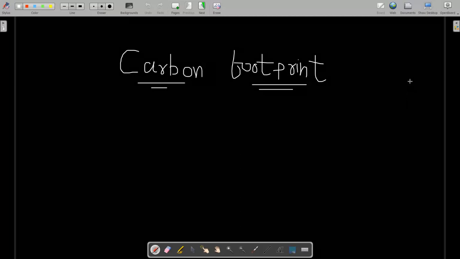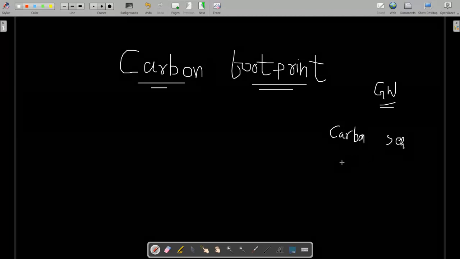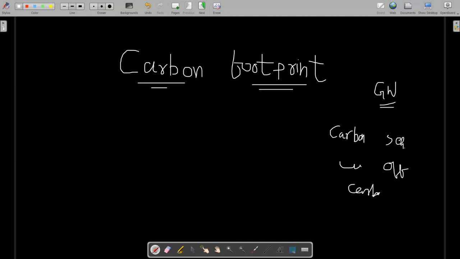We are now facing a global problem, that is global warming. I am writing GW, global warming. To reduce the amount of greenhouse gases that are continuously increasing day by day, some measures have been taken globally, like carbon sequestration, carbon offsetting, carbon trading, and some international protocols.